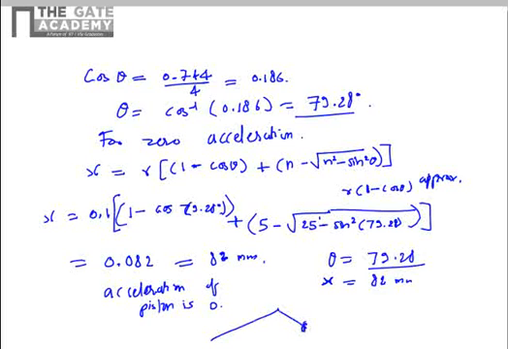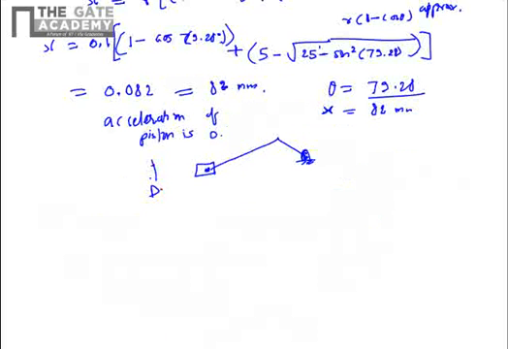In the slider crank, this is IDC, one extreme position, and this is ODC, another extreme position. Zero acceleration does not occur midway between the two, because midway the angular position would be 90 degrees.